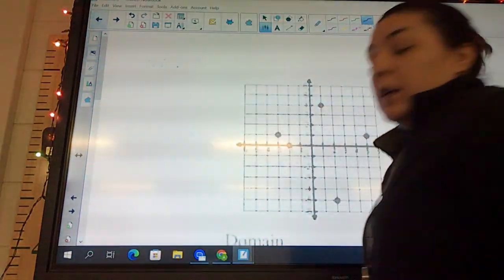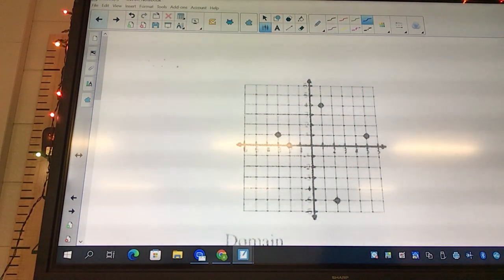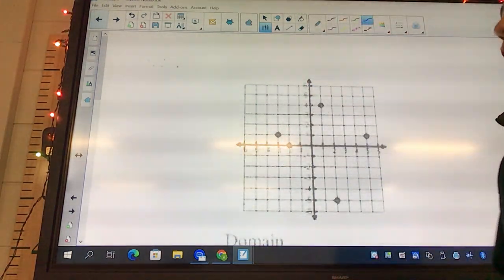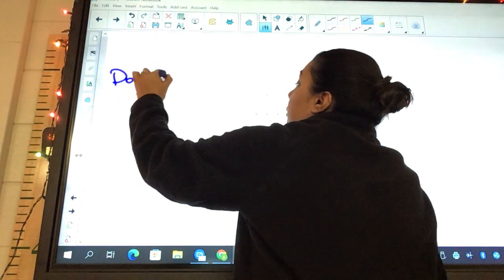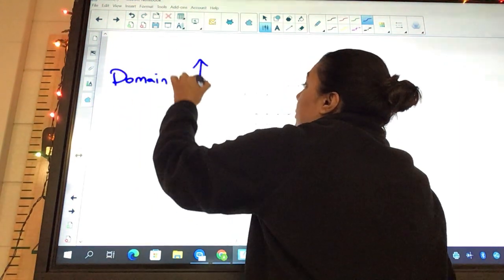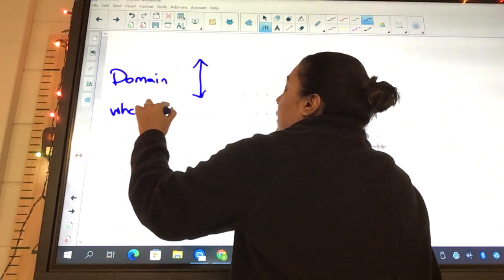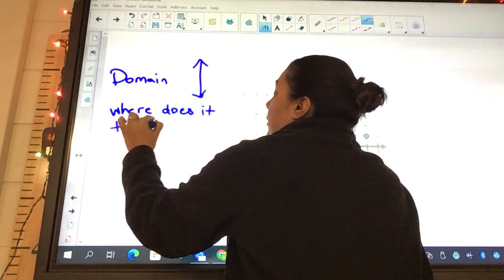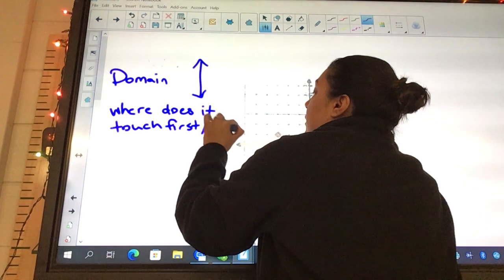Okay, last one, the domain and range of a graph. For our domain, I'm just going to draw a picture, and you can write some words. We start out with our pencil going this way, and we say, where does it touch first and last?